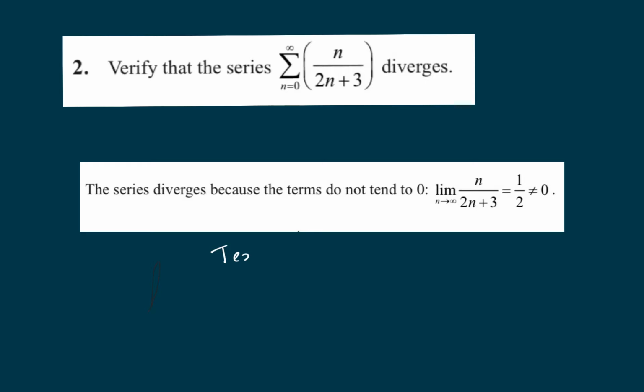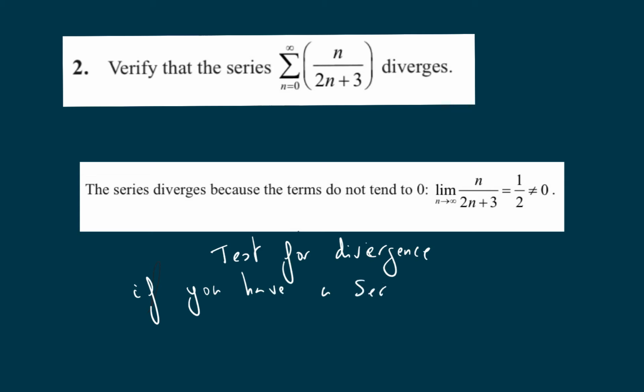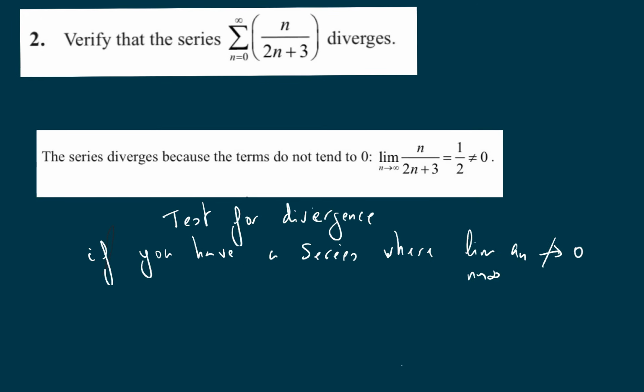The test for divergence says if you have a series where the limit when n goes to infinity of a sub n doesn't go to 0, the series diverge. So we need to do the limit.